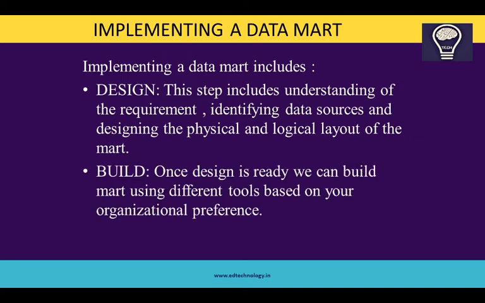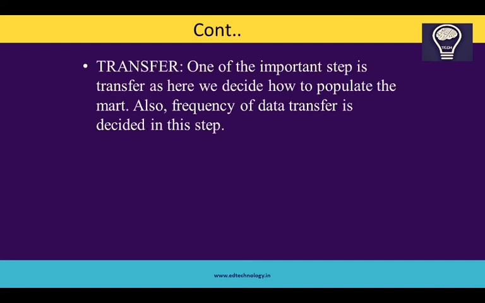Once you do that, you move on to the second step, building. We have different sources, like Oracle, which provides Oracle data warehouse support, and there are a lot of other software as well. You can use those tools to build your own data mart. Once that is done, the third step is the transfer. Here you decide how to populate the mart. What should be the frequency of data transfer?